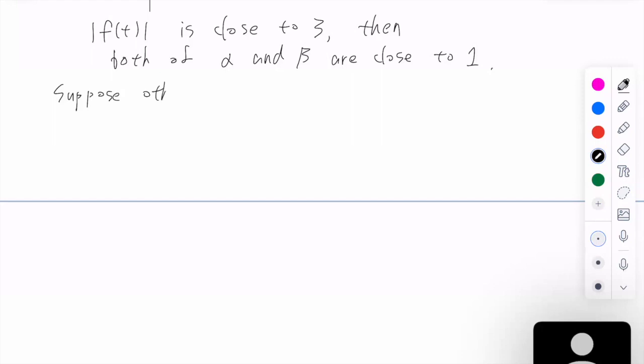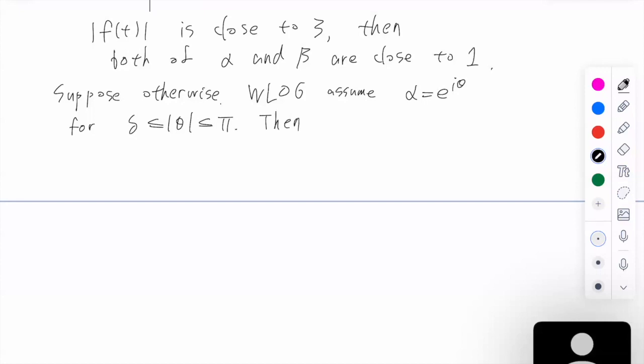We can assume without loss of generality that alpha is not close enough to 1. This means that alpha is equal to e to the i theta for some delta less than the absolute value of theta less than or equal to pi. Then we have the following.